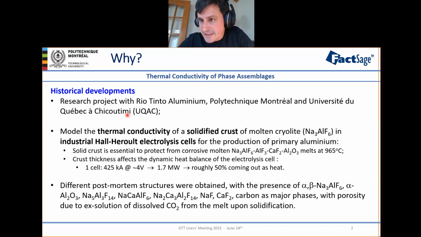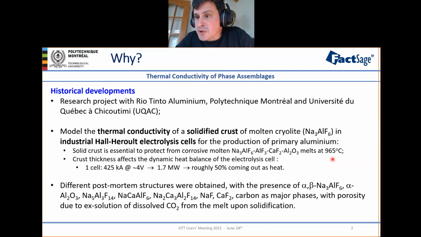This solid crust is essential for protection against the very corrosive electrolyte, molten fluorides that are dissolving alumina at around 1000 degrees Celsius. So the crust thickness must be optimized to put anodes there, and it affects the dynamic heat balance of the cell, which roughly has a heat flux of 800 kilowatt.